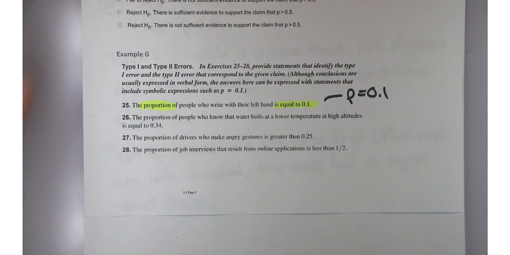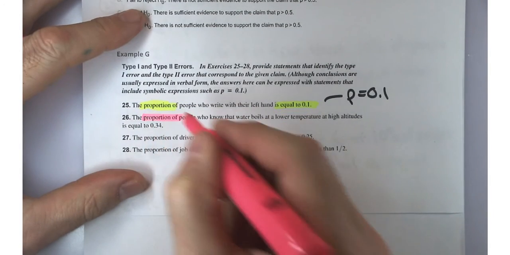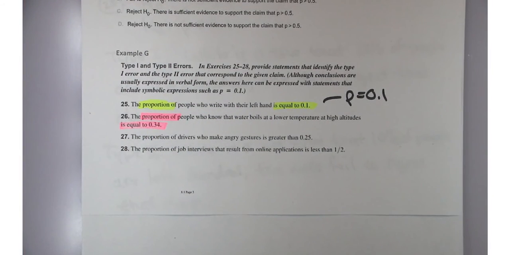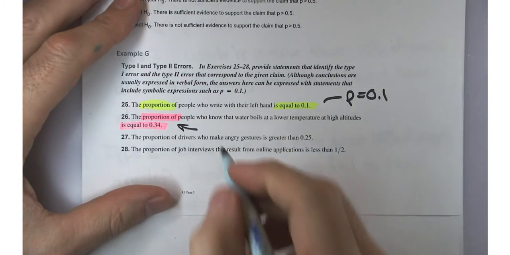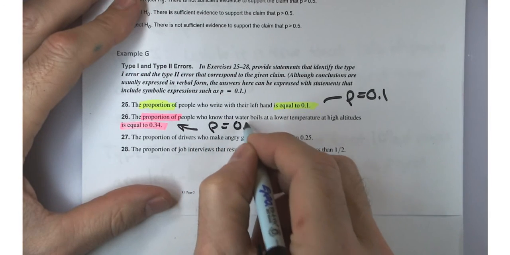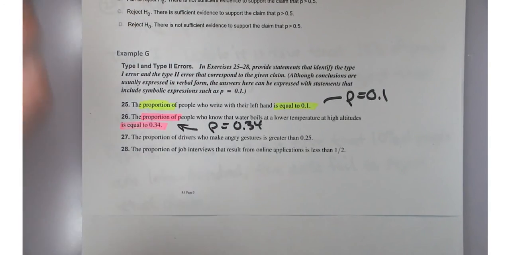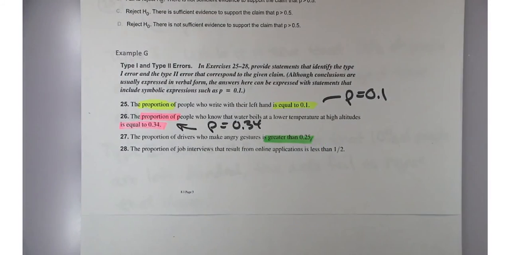So the proportion, let's start with our original claim. Proportion is equal to 0.34. So in terms of symbols, that's P equals 0.34. This next one, if you're interested in looking at it sometime at home, P is greater than 0.25.